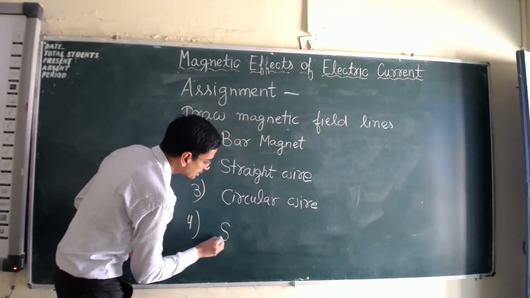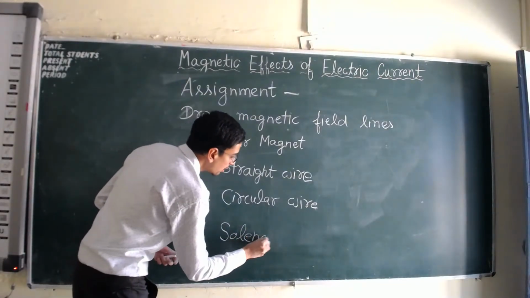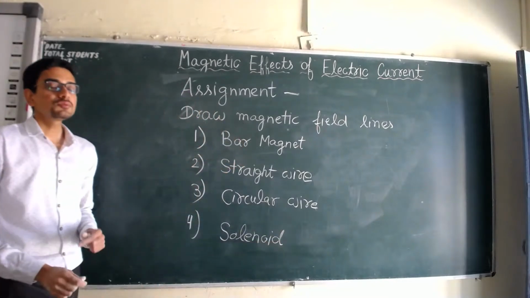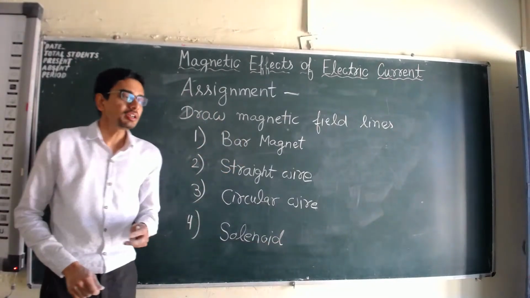And you know the solenoid is a coil of circular wires. In all these 4 cases you have to draw the magnetic field lines.